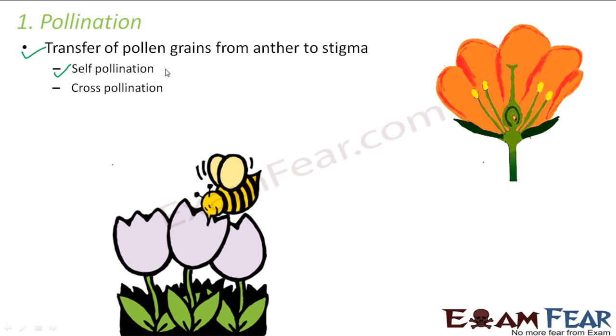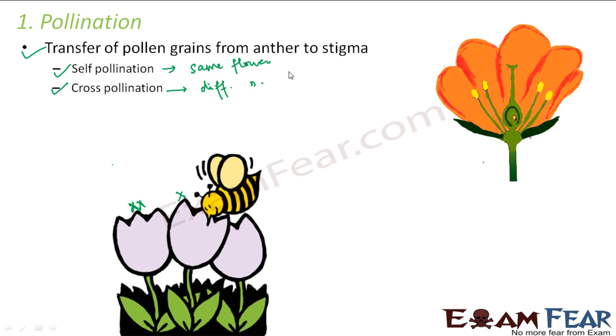Self-pollination, that means the transfer of pollen grains from anther to stigma of the same flower. And cross-pollination, when pollen grains are transferred from the anther of one flower to the stigma of another flower. So cross-pollination happens between one flower and another flower, while self-pollination happens within the same flower.